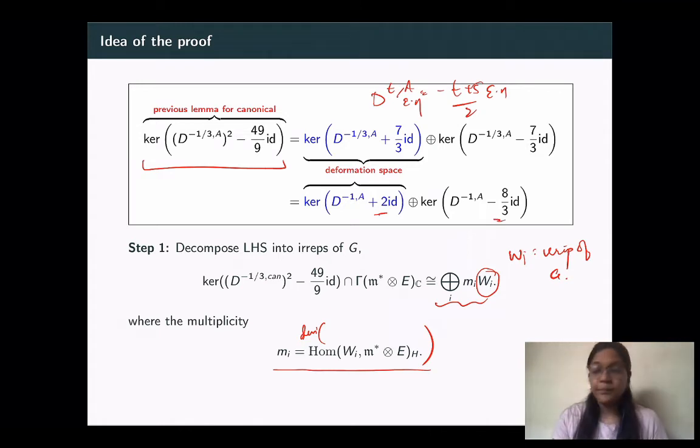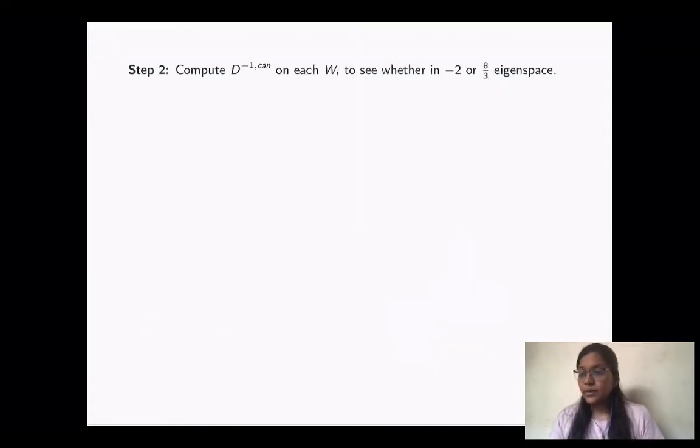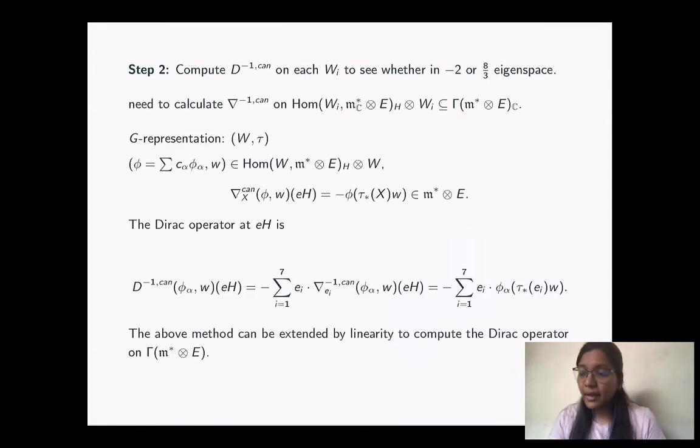So this is what we do. We just compute D minus 1 to see whether it is in -2 or 8/3. It's easier said than done, but it can be done, because since we are working with the canonical connection, which is a very well-known, studied connection, we have a hold of it. We know explicitly how we can apply it, and I'll now just briefly describe how we can do that.